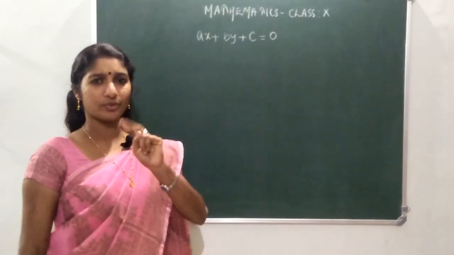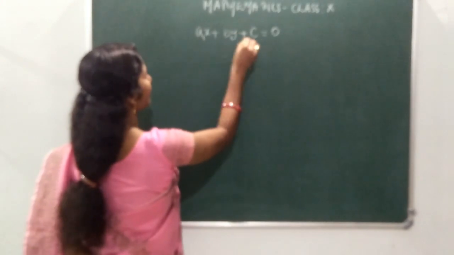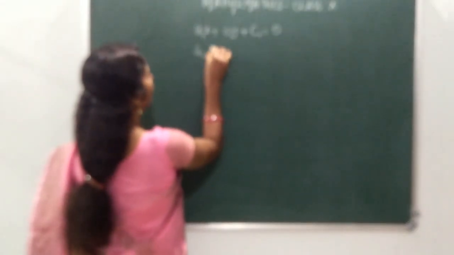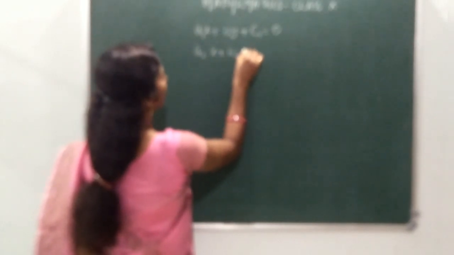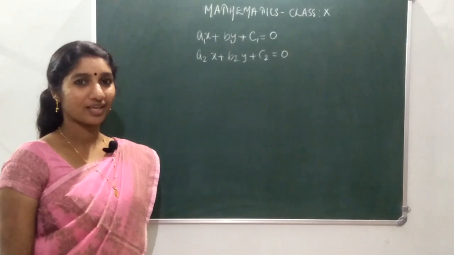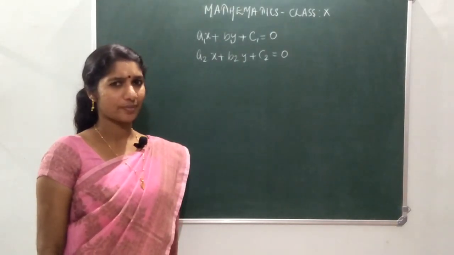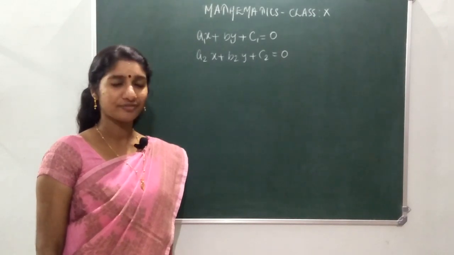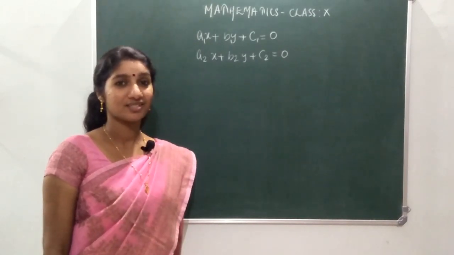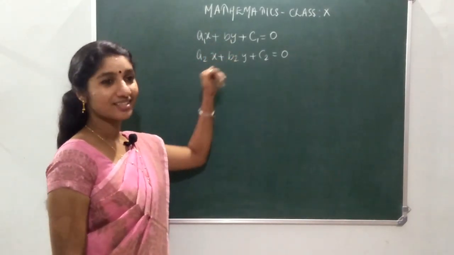We need two equations. So, we are taking the first one as a1x plus b1y plus c1 is equal to 0 and the second as a2x plus b2y plus c2 equal to 0. Then what we studied in the last class about the graph of these equations: we get straight lines for the first equation and the second equation.